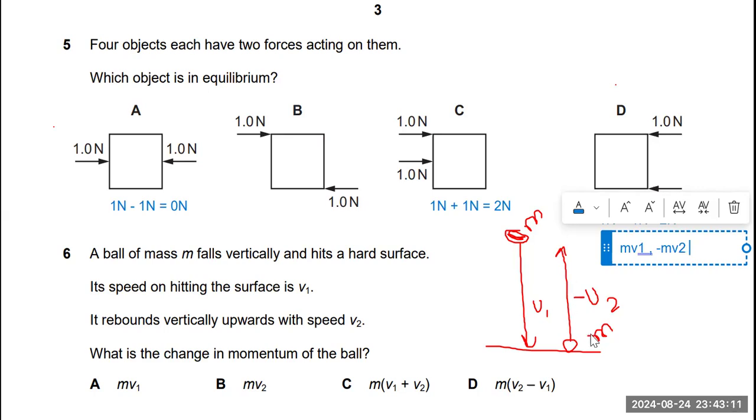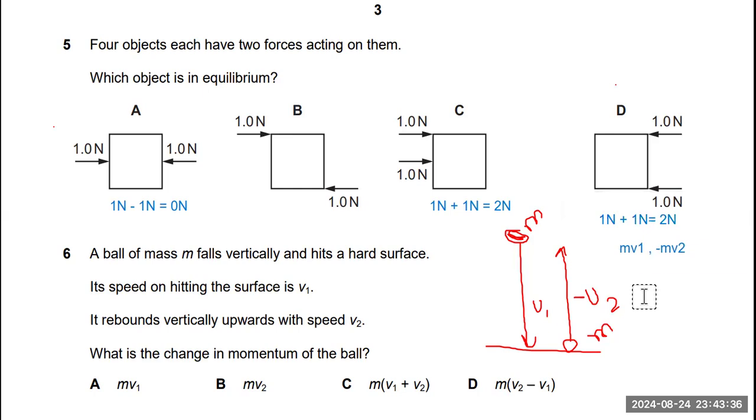So in that case, the product of m and v2 will be less as compared to m v1. So when you want to find the change in momentum, you have to subtract the smaller value from the larger value. So this is the larger value, this is the smaller value.